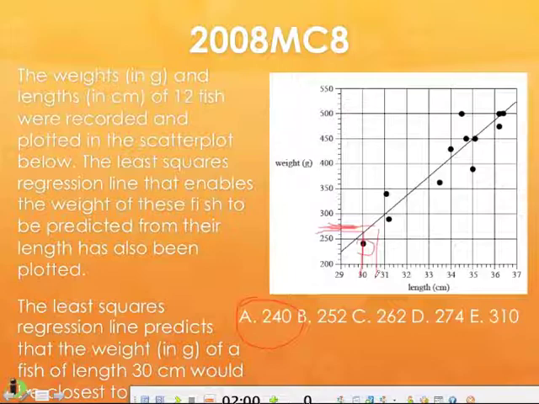But then their callback might be its closest to. If you actually got a ruler and measured that, you might find it's 260 something, but 274 is closer to it than 262. I don't know. I'll go back and confirm the answer for that one.